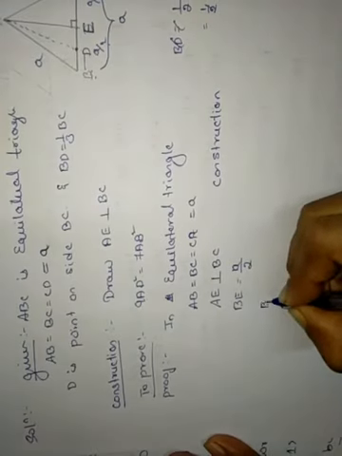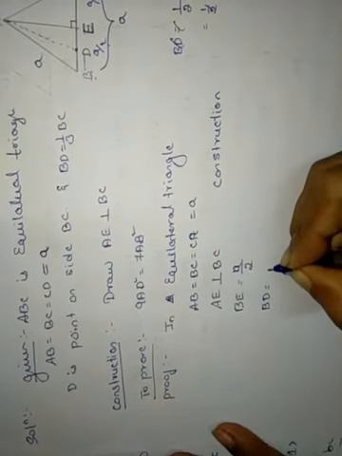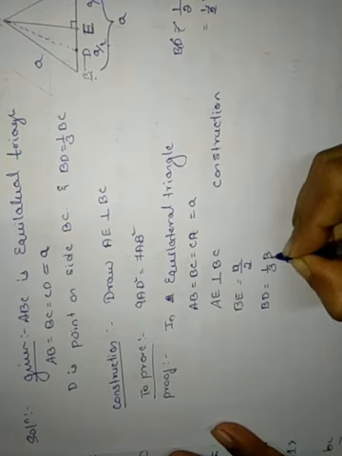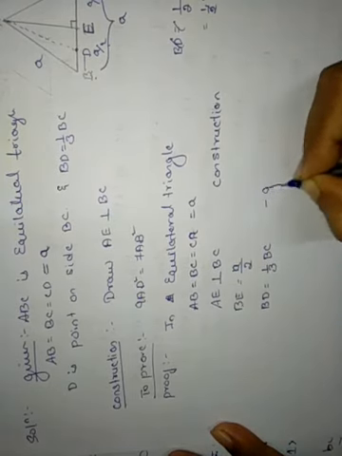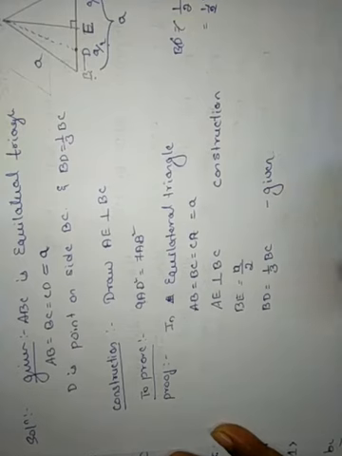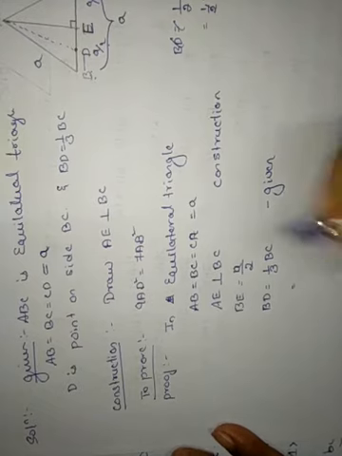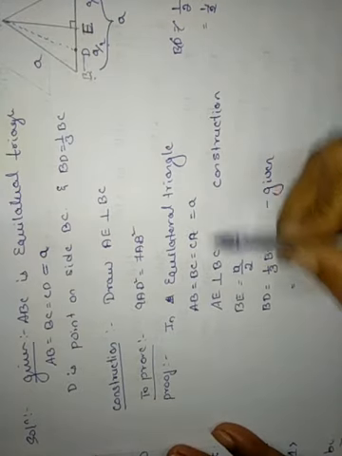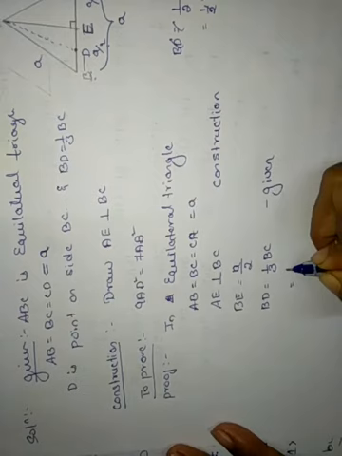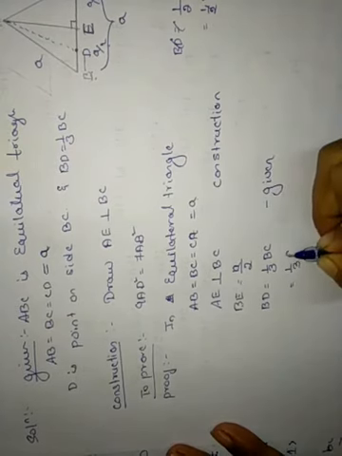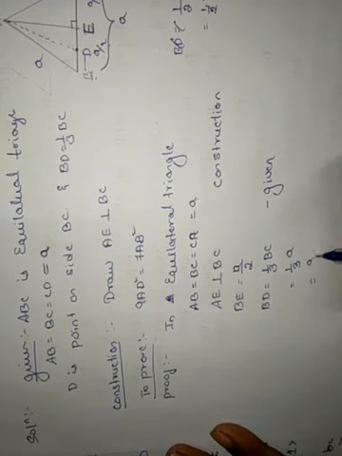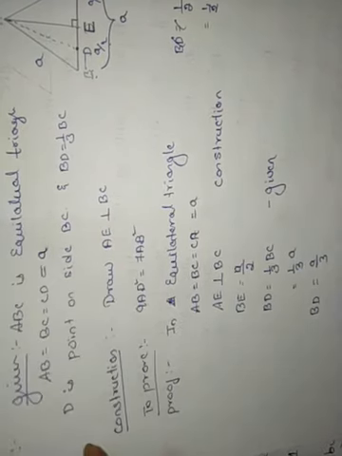This is also given. Now we know that BC is a here. So we'll replace it. BC is a here, so we can write it as a by 3. We got BD is equal to a by 3.